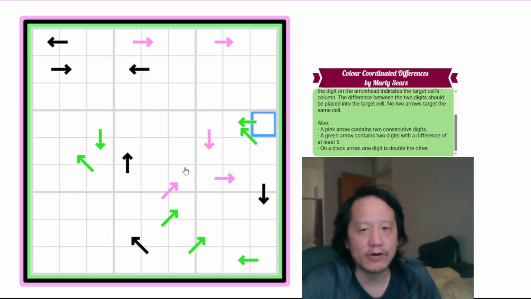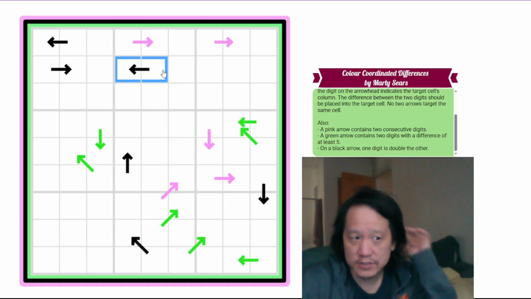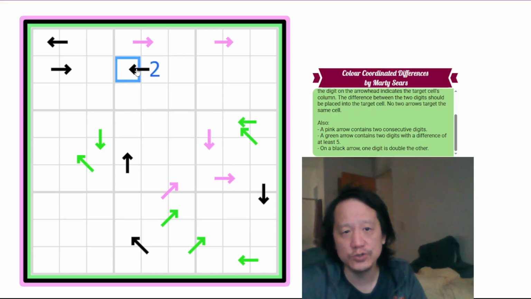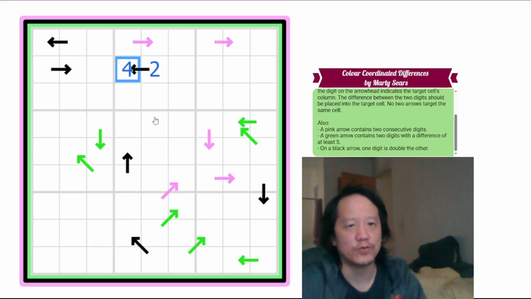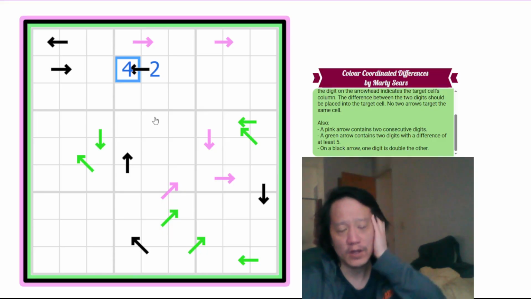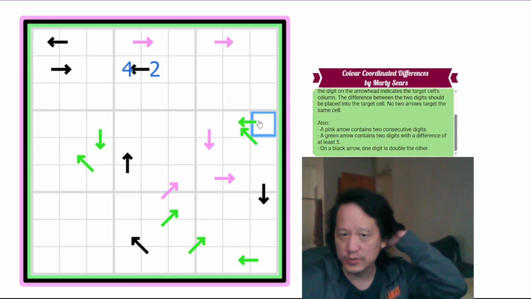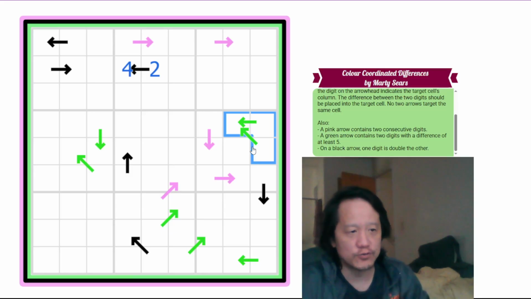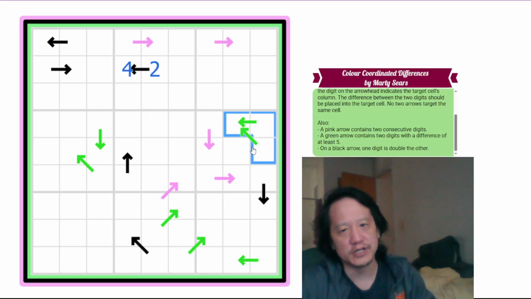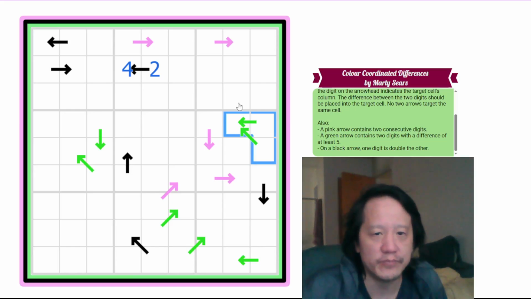And on a black arrow, one digit is double the other. So these black arrows are considered black Kropki dots. For example, if this was a 2, this would have to be a 1 or 4 to maintain the 1 to 2 ratio between them. That's pretty cool. This is very similar to a lot of traditional rule sets, but it just adds a coordinated difference between them.